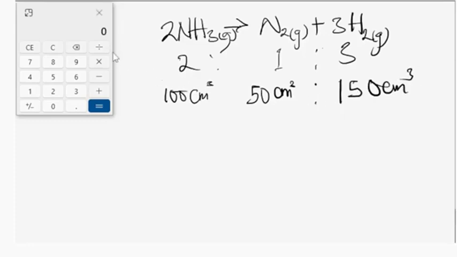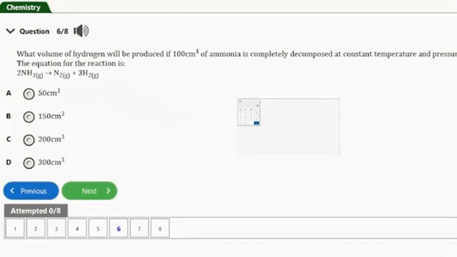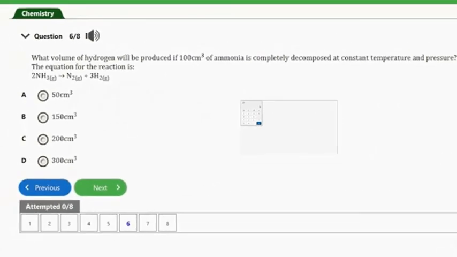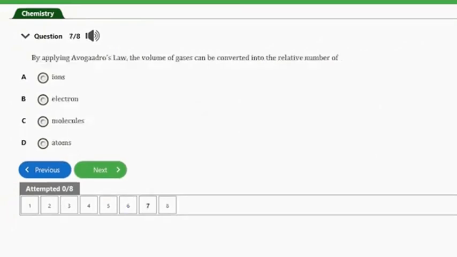So if you are wondering, this will be 2 times 50, and this will be 3 times 50, and this will be 50, since each unit of this is 50. So this is correct. So guys, in this case, the volume of hydrogen that will be produced is 150 cm³, and that's the answer to this question, guys. So here, that's the option B. So guys, let's go ahead and consider the next question.